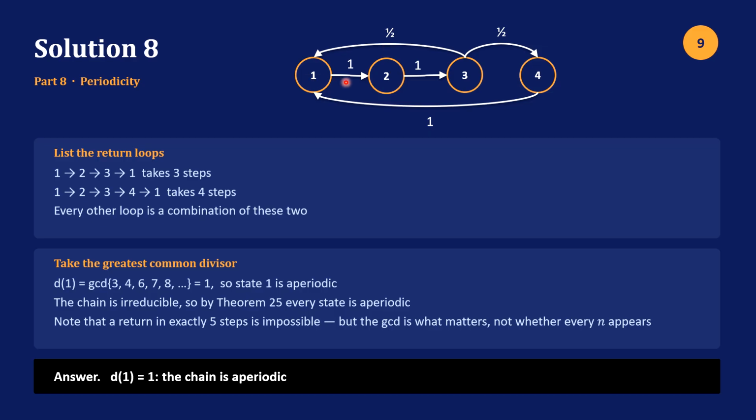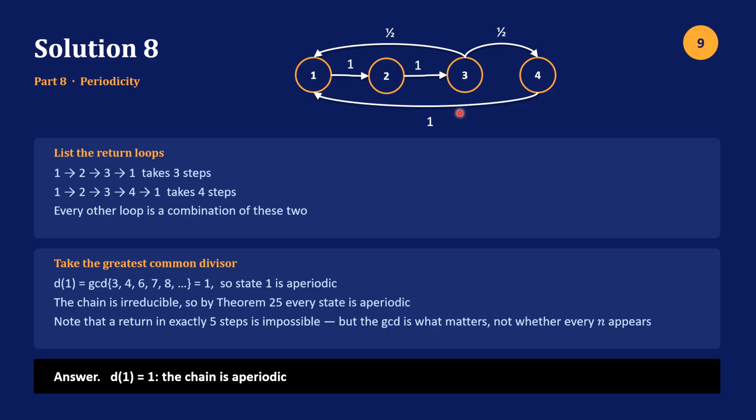Then another possibility is 1, 2, 3, 4, 1. We don't need to look any further because the GCD of 3 and 4 is 1. And even if we found other possibilities, which there are, they're going to be combinations of 3 and 4 steps. So the GCD is 1. The state is aperiodic by definition.